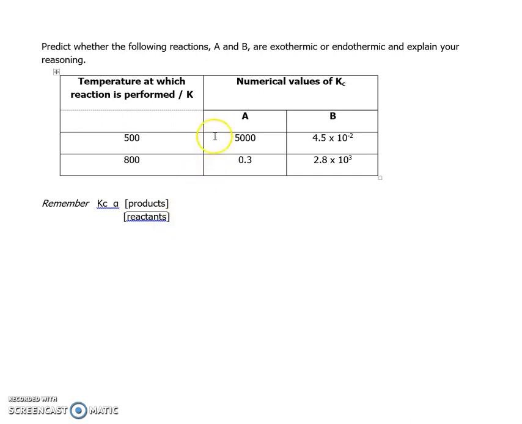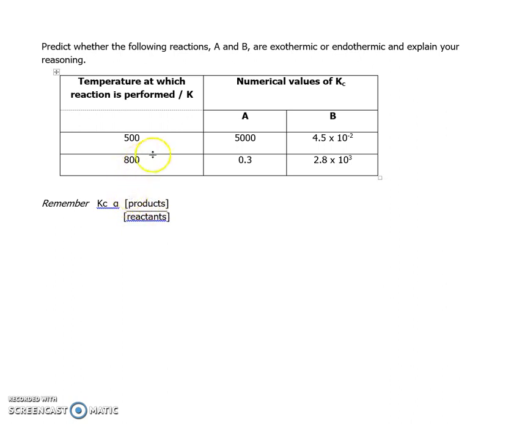So here we've got reaction A. At the lower temperature of 500 Kelvin, it's got a value of 5000. At a higher temperature, Kc has decreased. So what that means is the concentration of the reactants is much higher at the higher temperature, and the concentration of the products is much lower.